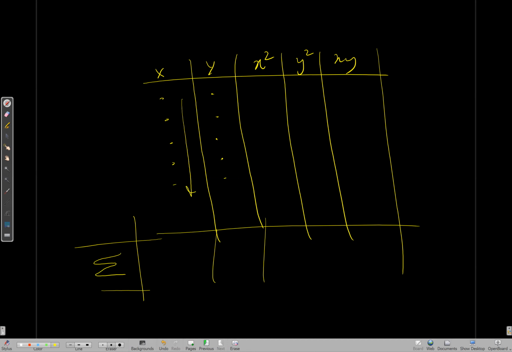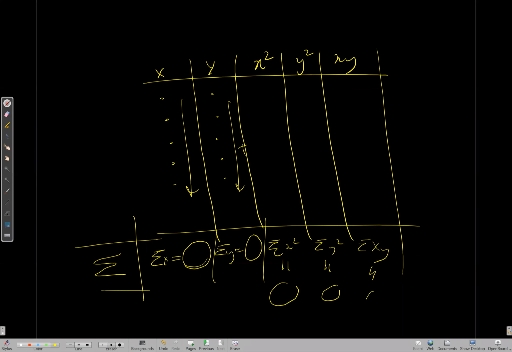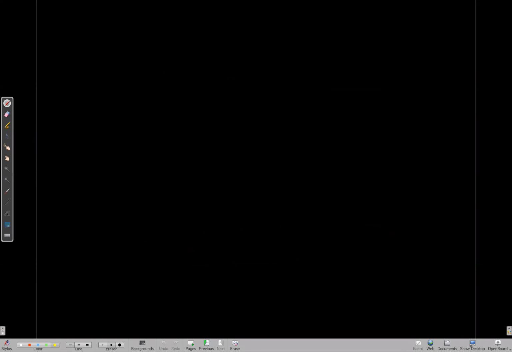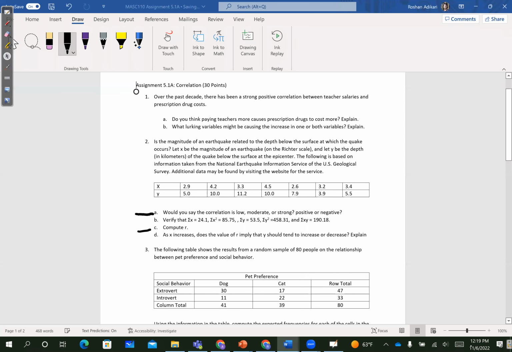This is going to be sigma x, write that value. You add all these things, that's going to be sigma y, write that down. Similarly, this is sigma x squared, this is sigma y squared, and this is sigma xy. So find those values and write those down because you need that for your next one to compute R.